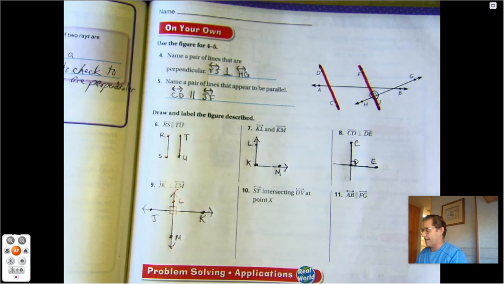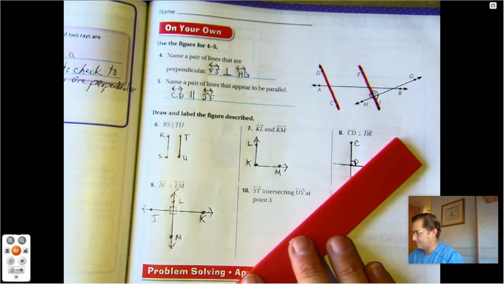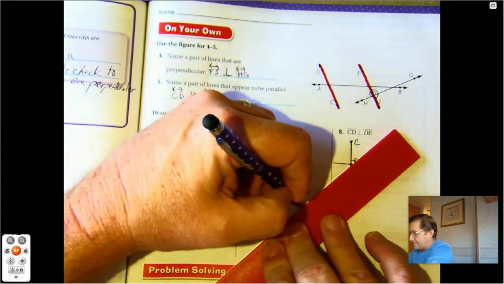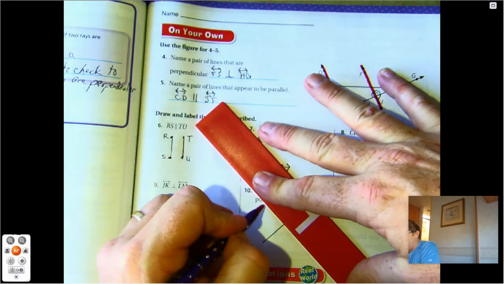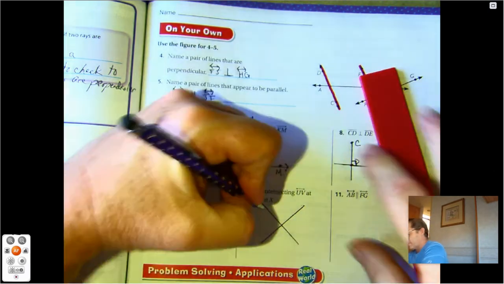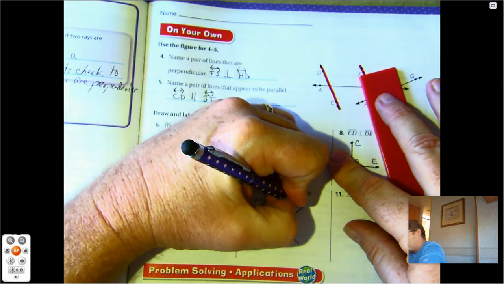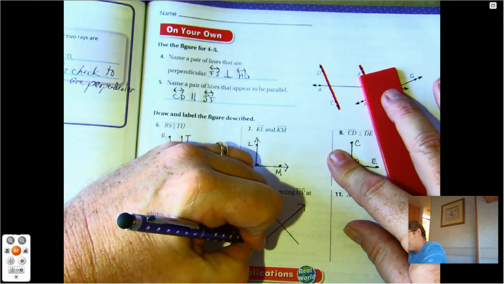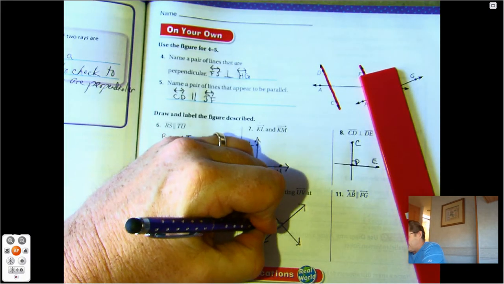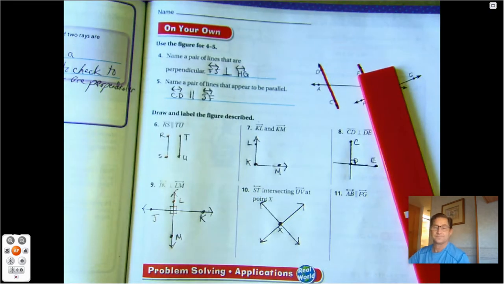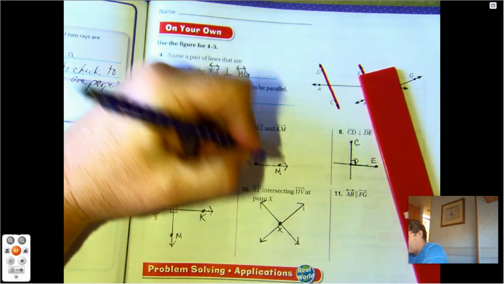All right, line ST intersecting UV at point X. All right, so it says intersecting, so it doesn't have to form right angles, it's not perpendicular. And it intersects at point X. So now we just need to name our lines.